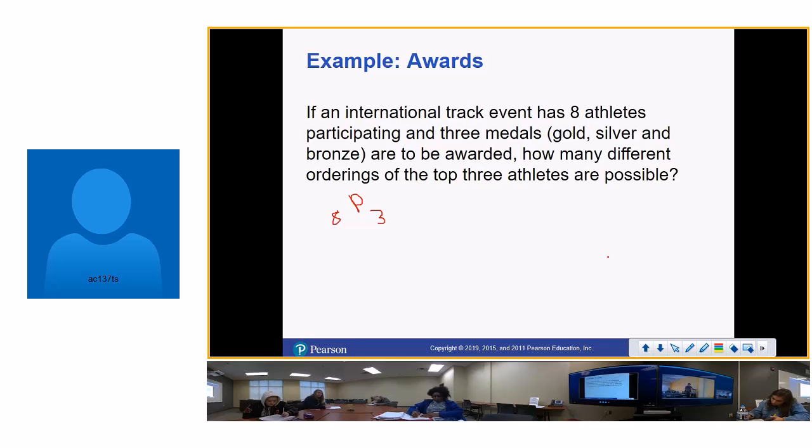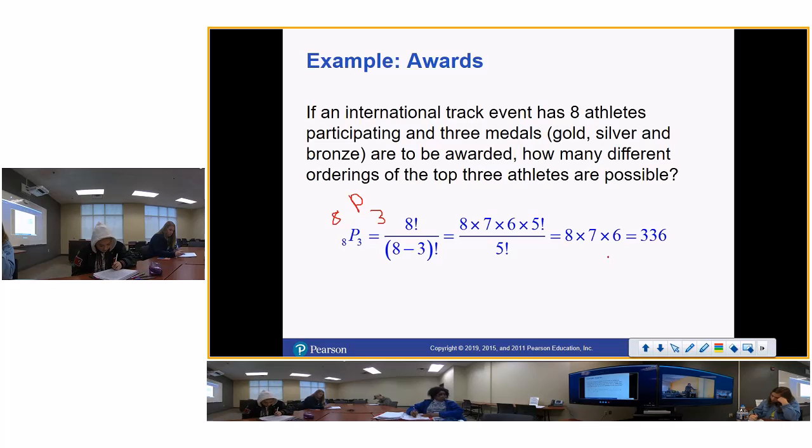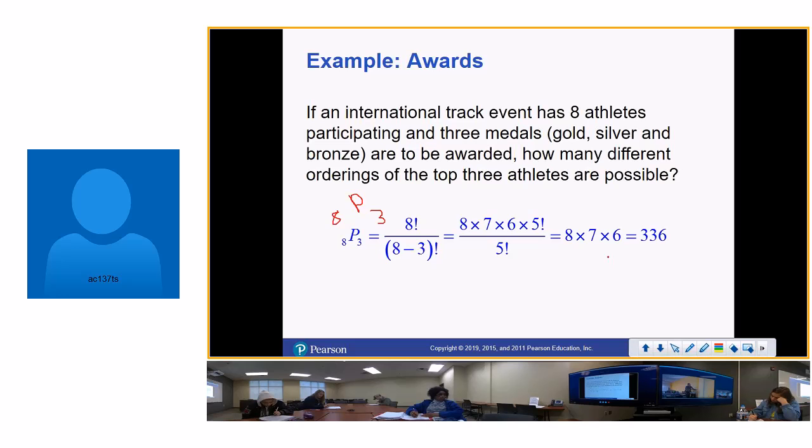And that's what they're going to write it as. Now, if you typed it in the calculator in the formula, go ahead and write that down. It'd be 8 factorial over 5 factorial.